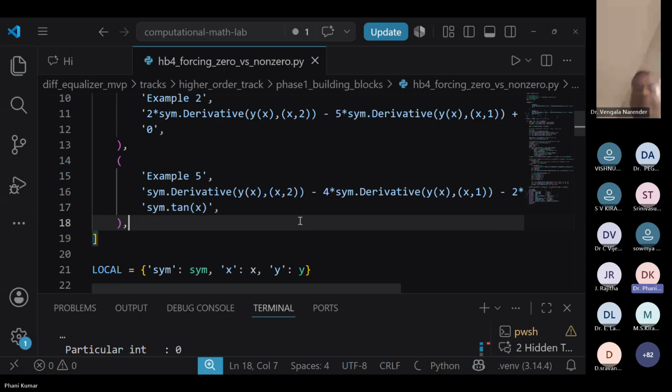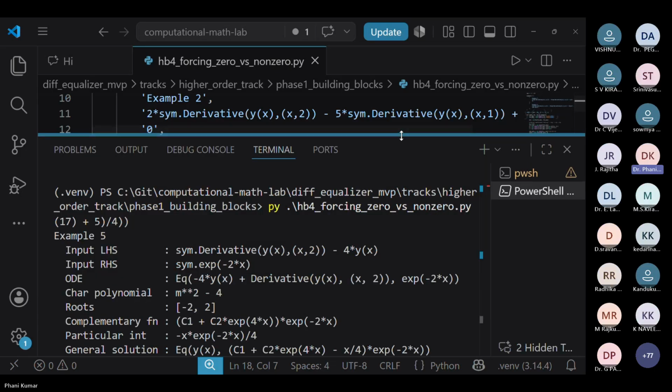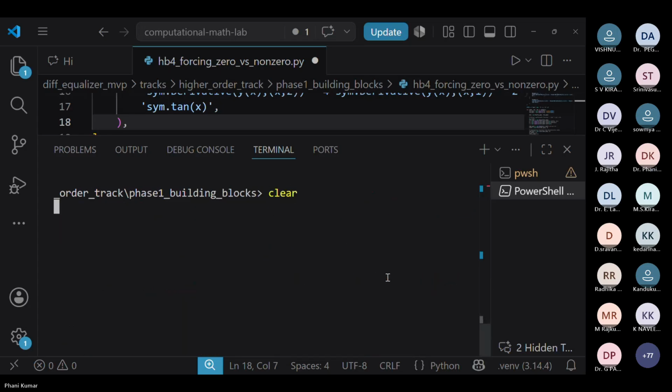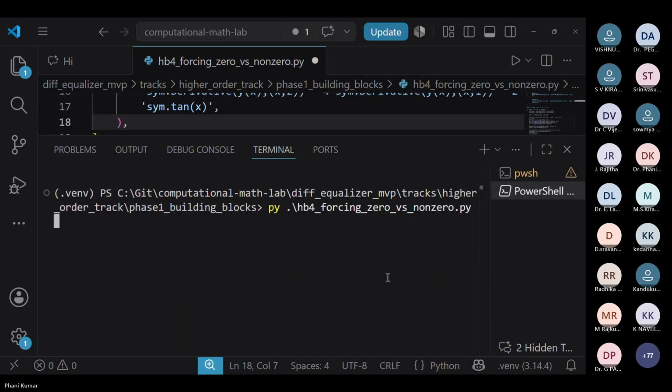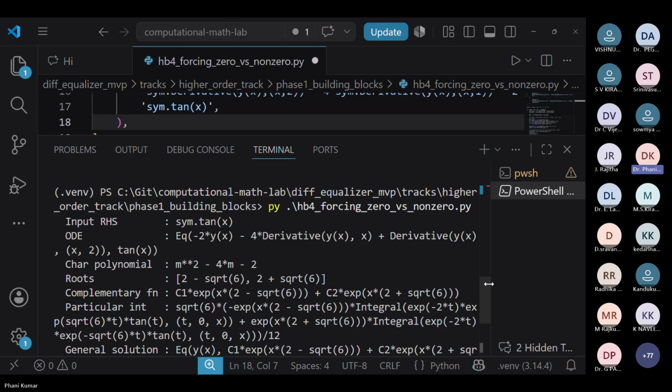So then we can solve this one, the general solution and the particular solution.